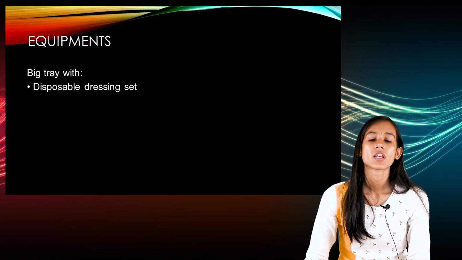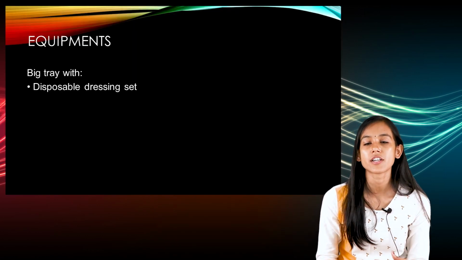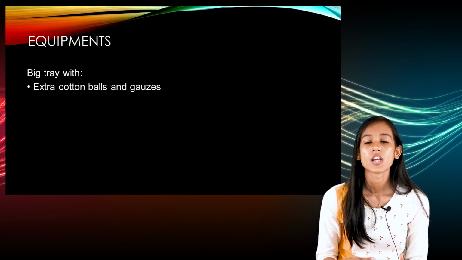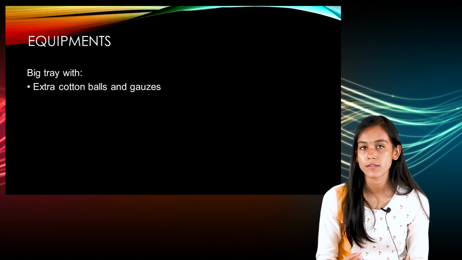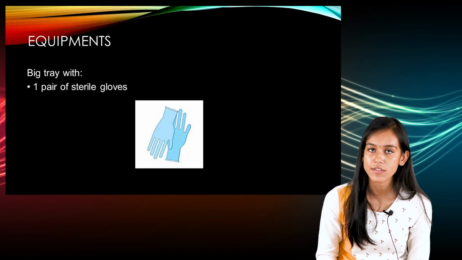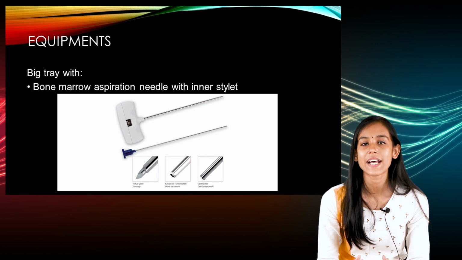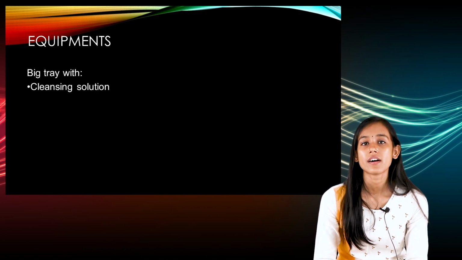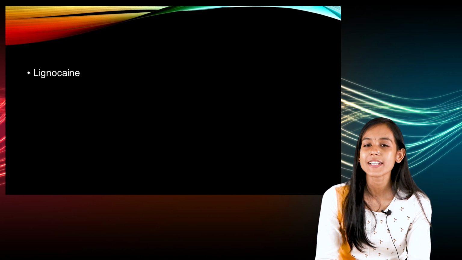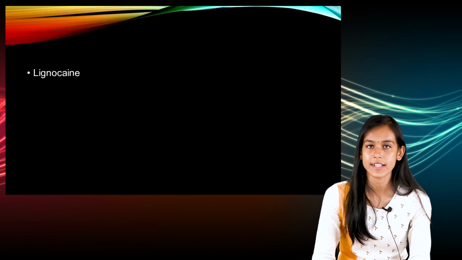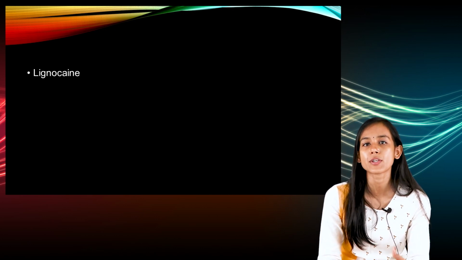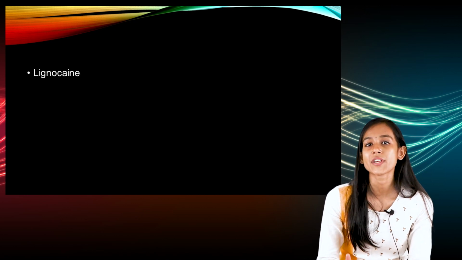And then you're going to arrange your equipment, that is, the articles which you need for the procedure. So we need a big tray with a disposable dressing set, cotton balls and gauze, and sterile gloves should be there. There should be a face mask, and then you should have your bone marrow aspiration needle, and also the cleansing solution. And then you should have the anesthetic agent, for example, lignocaine or lidocaine, however it is prescribed.